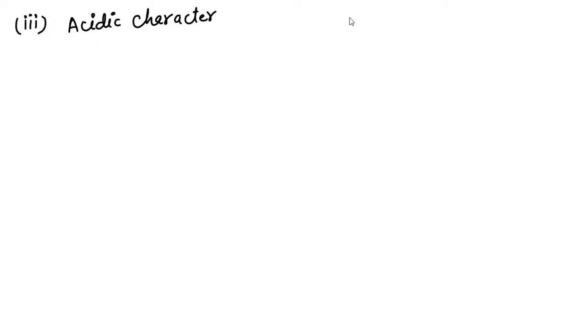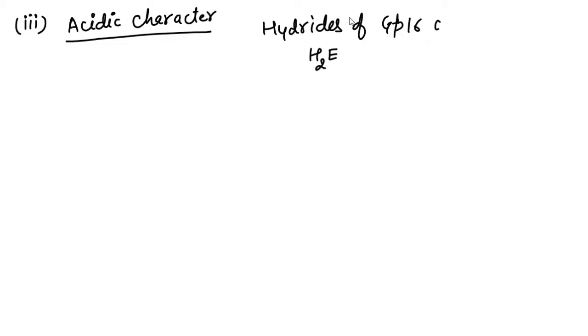So see, let us discuss the acidic character. You know, hydrides of group 16, H2E, are weak dibasic acids. They are diprotic acids, and thus they dissociate in aqueous solution in two stages.